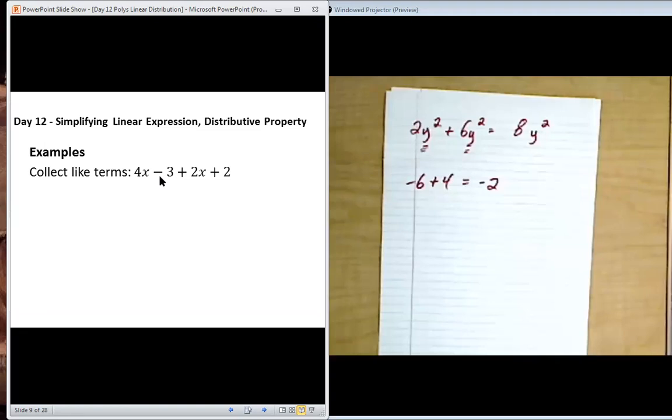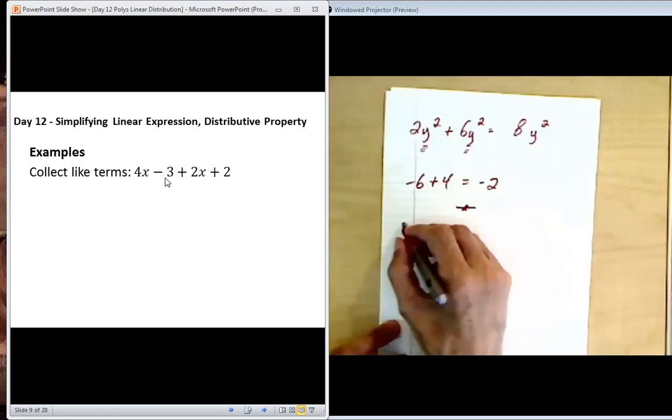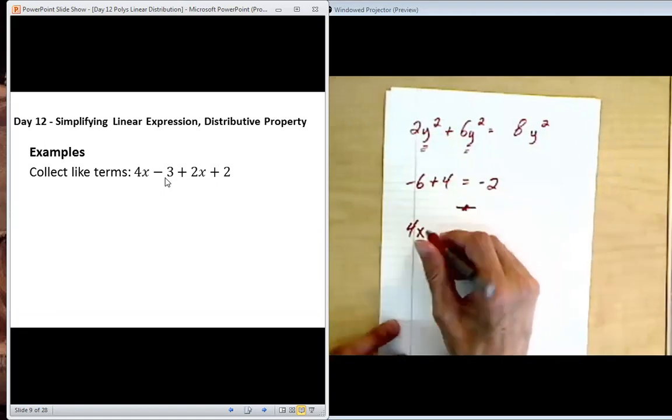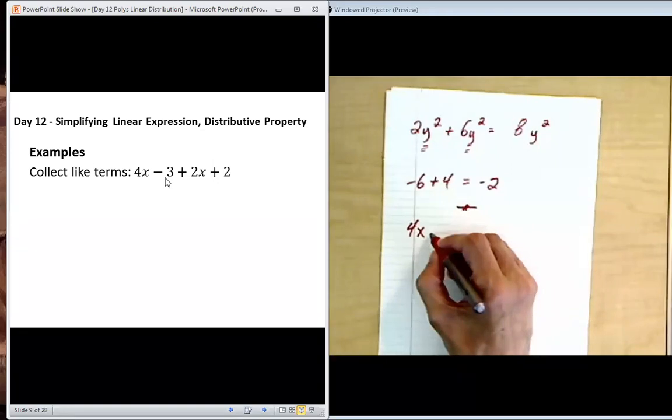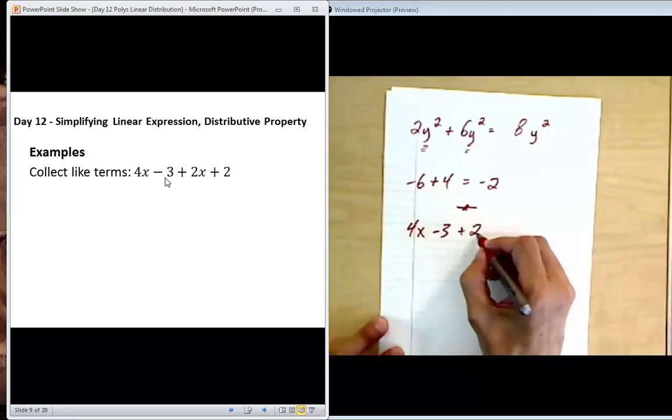They go together. Okay, so watch this. It shows up there's 4x, and then a minus 3, and then a plus 2x and a plus 2.